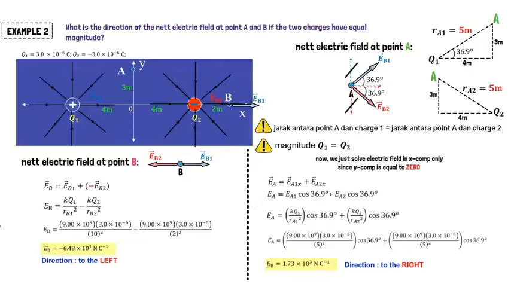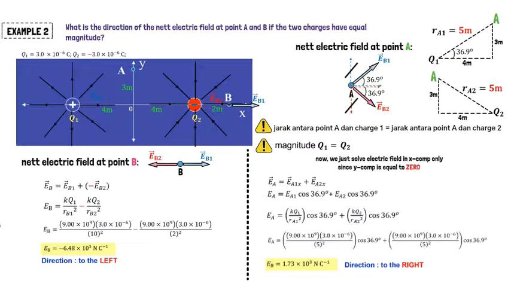So gantikan dengan equation electric field, KQ1 over RA1 squared cos 36.9 plus KQ2 over RA2 squared cos 36.9. Okay, so RA1 dan RA2 kita dah kira tadi 5 meter. So we can substitute dalam kita punya equation.